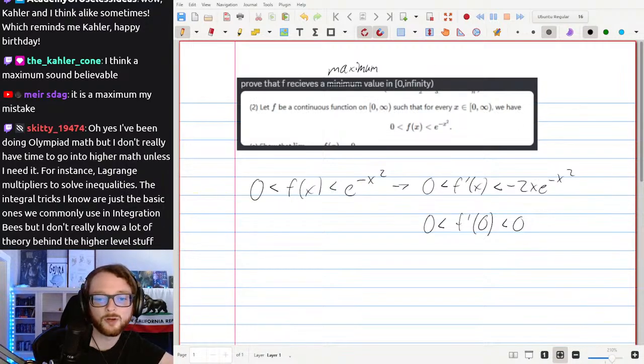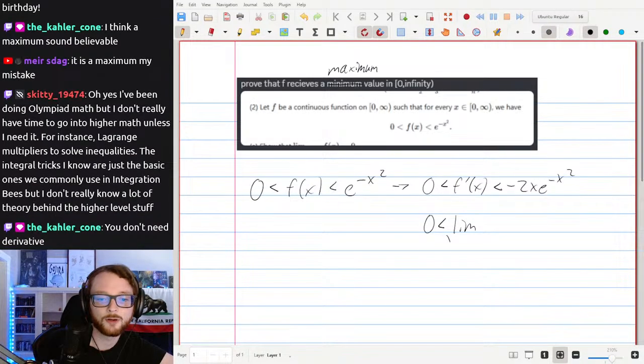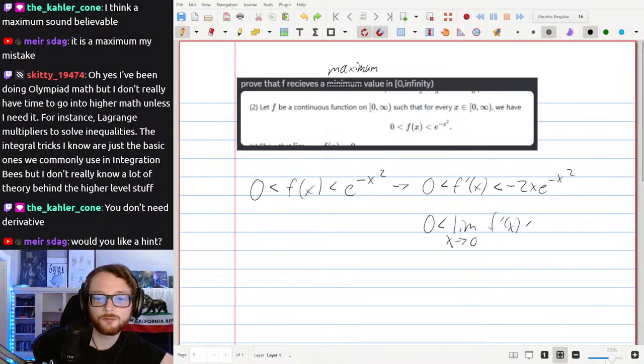You probably need a limit argument here, because I don't like the thing that I've written. You don't need derivative? Why not?